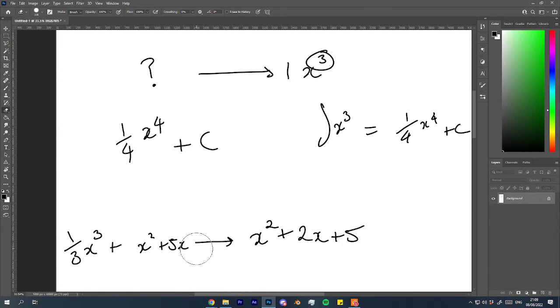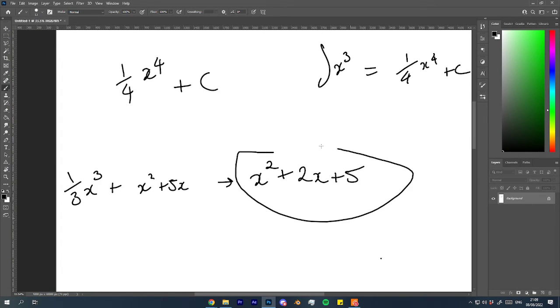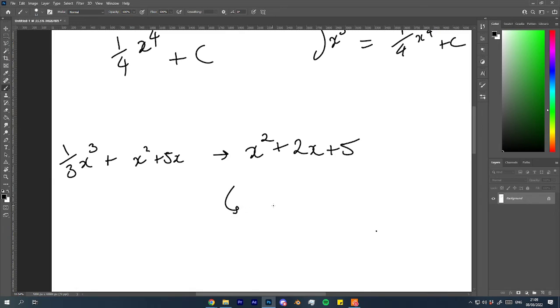But remember, it's not just going to be 5x. For example, if we differentiate this function here, this becomes 2x plus 2. But you can see that this 5 disappears, because it doesn't really matter what the y-intercept is, because we're working out the gradient function. We're not bothered about what the y-intercept is.